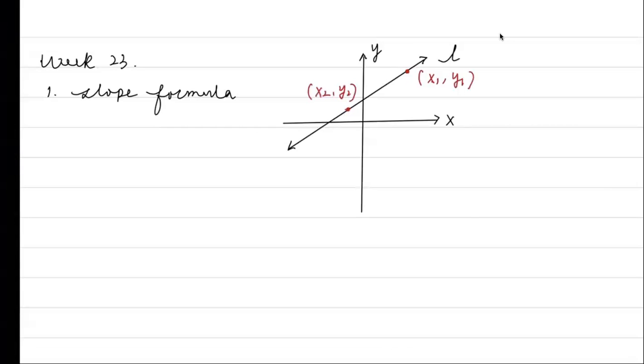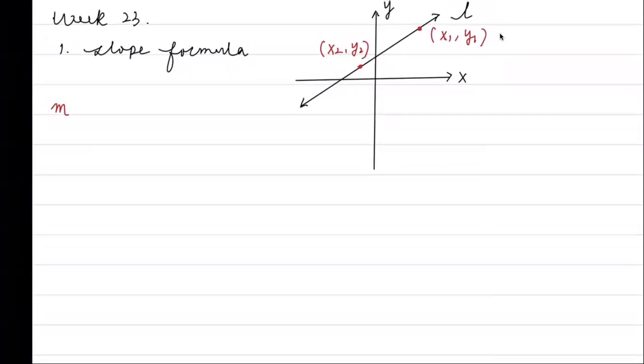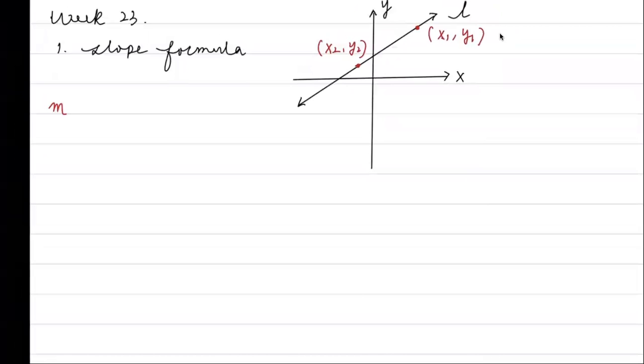If we know 2 points with their coordinates, we can find the slope of the straight line. We use m to represent the slope, so m is equal to y2 minus y1 over x2 minus x1.